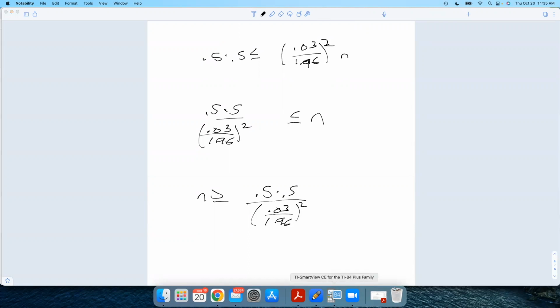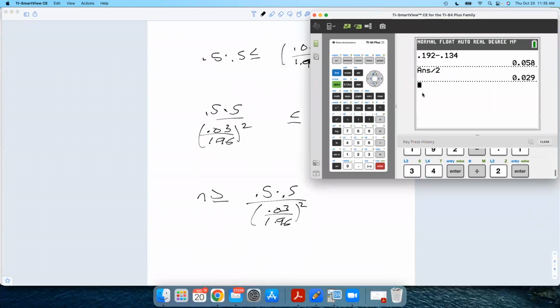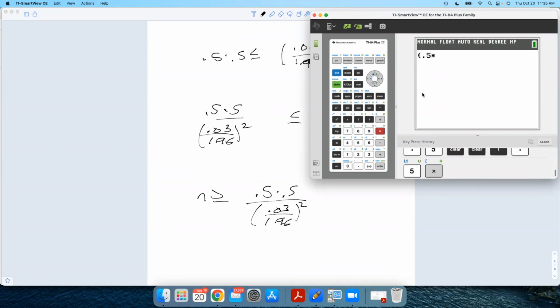Okay, so let's throw that in the calculator. Now we're going to have to be really careful here typing this out. 0.5 times 0.5. Let me put even the top in parentheses, even though I don't actually need them here. I just want to make sure I have enough parentheses. Divided by, I need parentheses here, and I'm going to need that entire bottom squared.